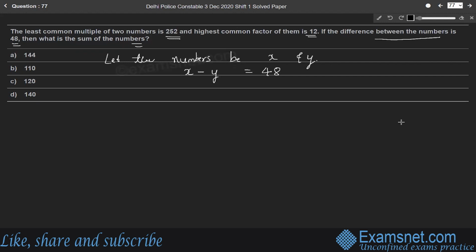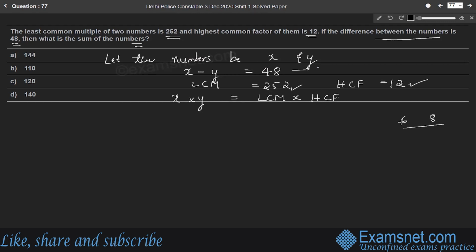And least common multiple of two numbers, LCM, is 252, whereas HCF, highest common factor, is 12. So if x minus y is 48, LCM is 252 and HCF is 12, what is x into y? X into y is equal to product of their LCM and HCF. Say for example, let us consider two numbers 6 and 8.